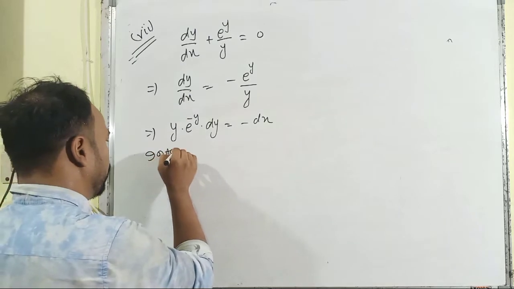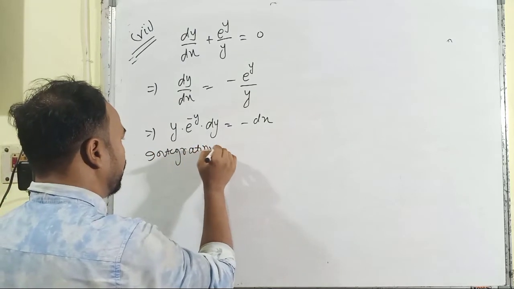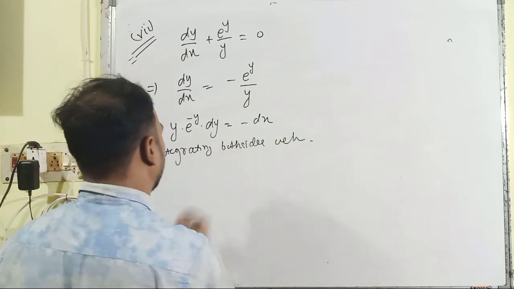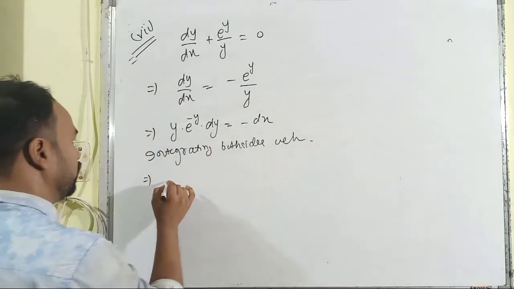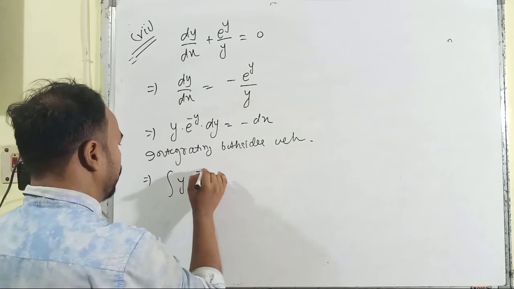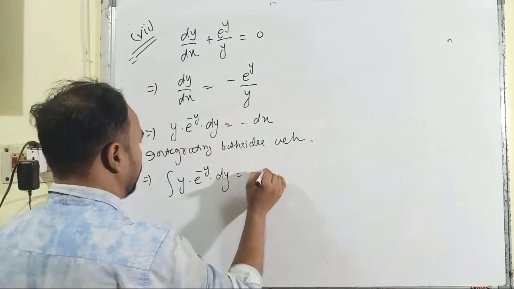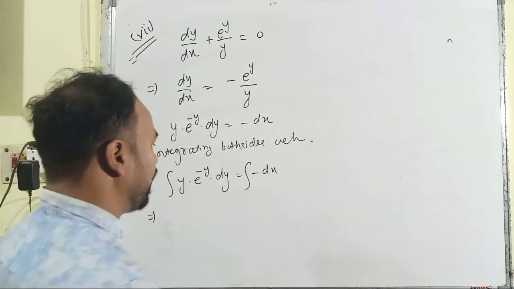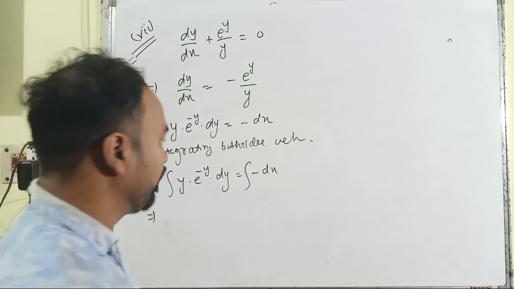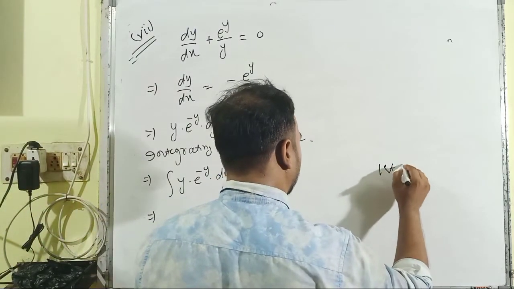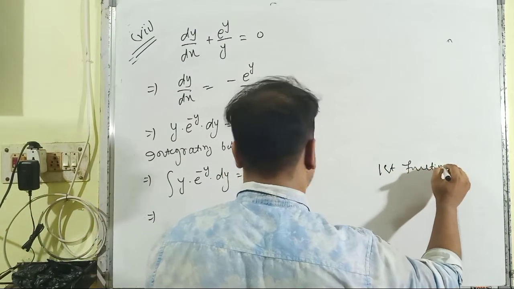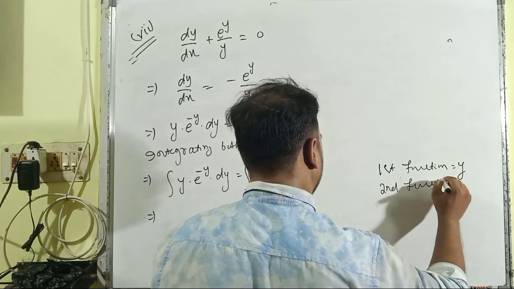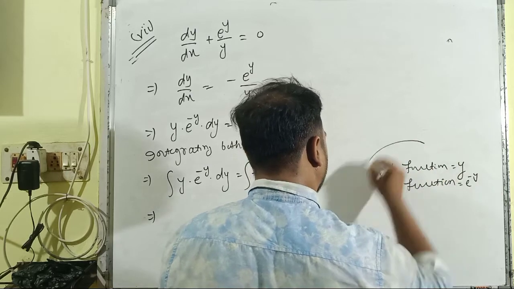Then we have to integrate both sides. Integrating both sides, we have here to apply the integration by parts method, and the first function is y, and the second function is e to the power minus y.